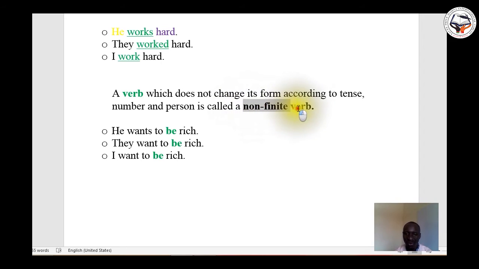A non-finite verb, what is it? We can say that a non-finite verb is a verb which does not change its form according to tense, number, and person.